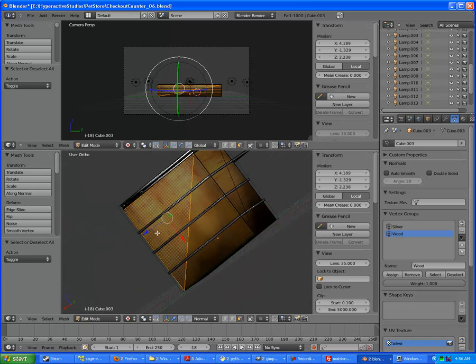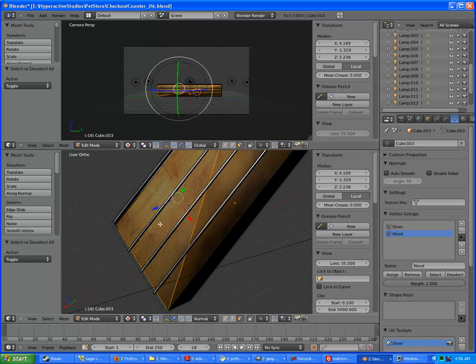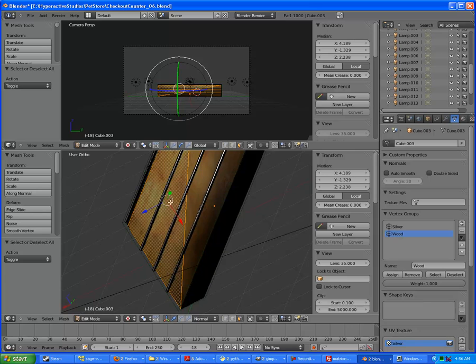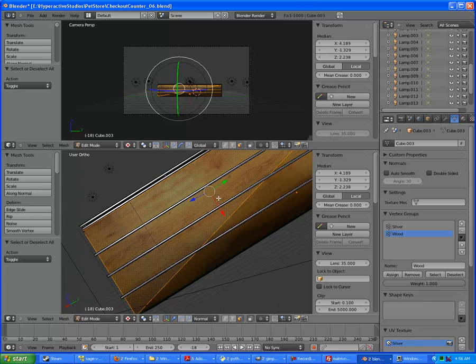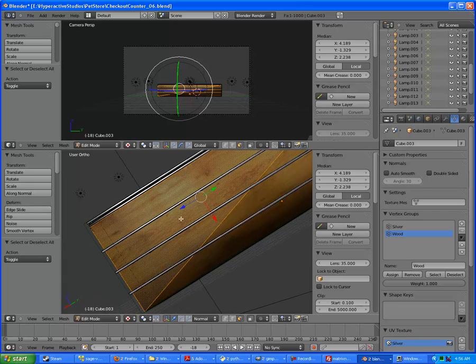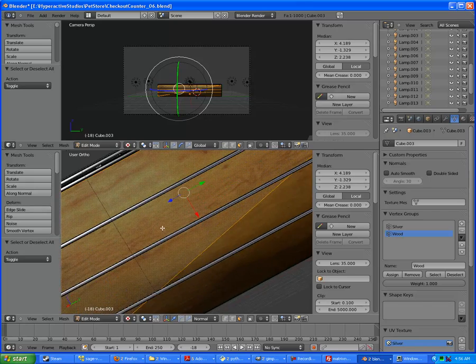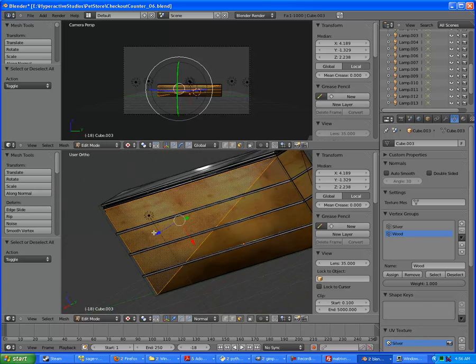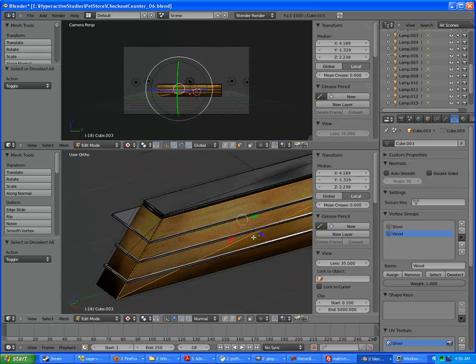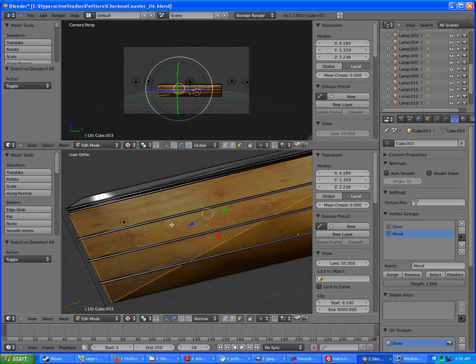So now Z is coming off of here. This little manipulator is literally following the directions of your UV and normal coming off of here. So this is quite literally the same direction that the normal is coming off of this surface. So you get a good idea exactly what's happening there, and it's perpendicular to the surface.